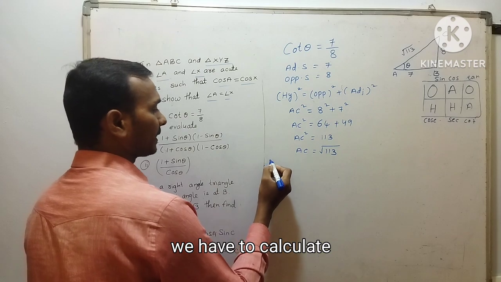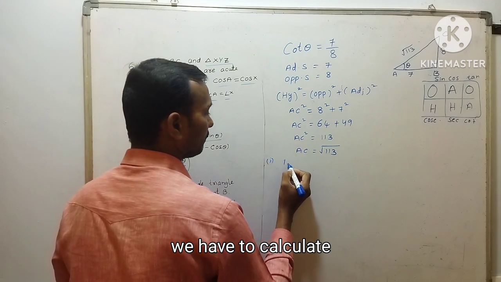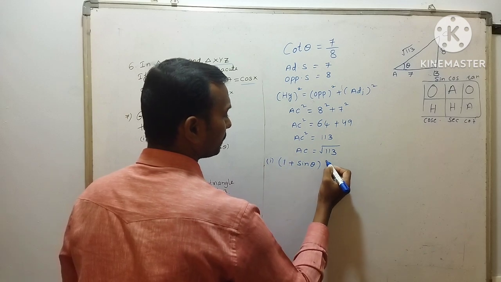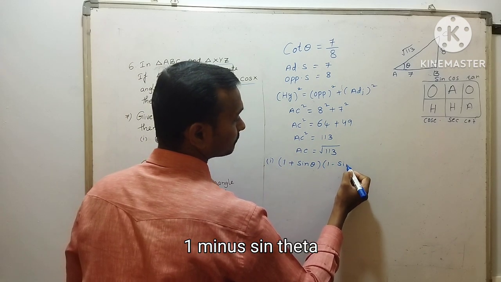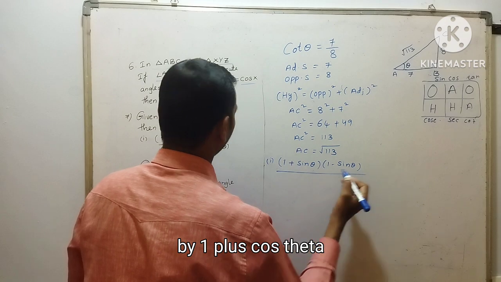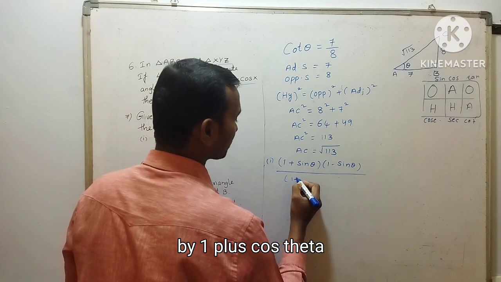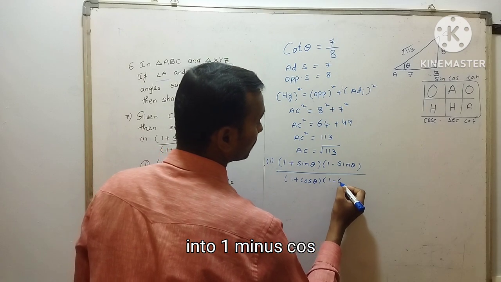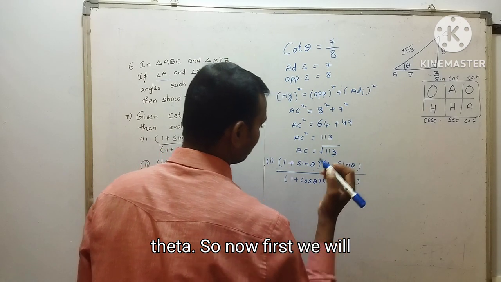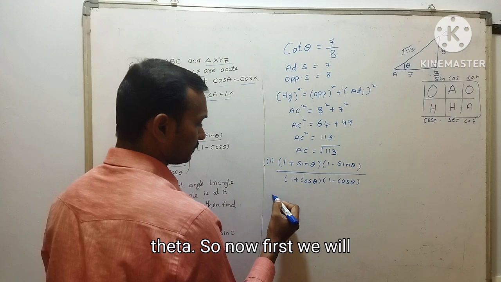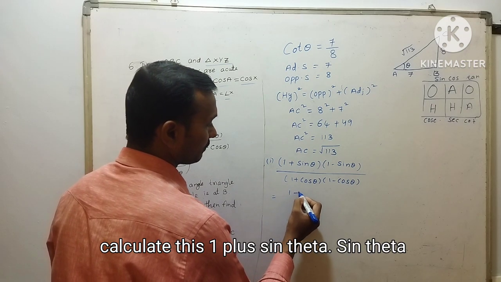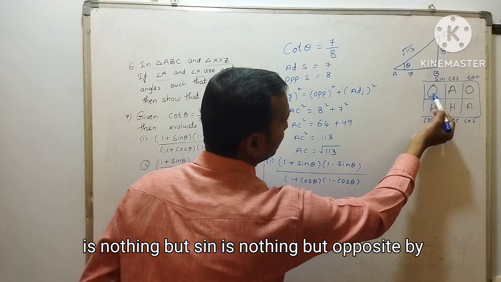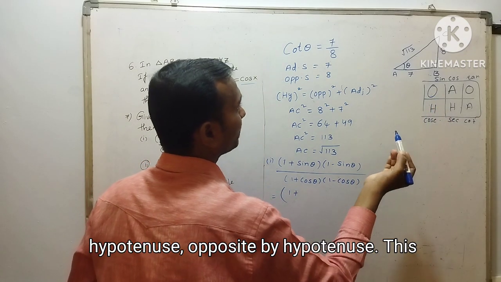Now the first value we have to calculate is (1 plus sin theta) into (1 minus sin theta) by (1 plus cos theta) into (1 minus cos theta). So first we will calculate this 1 plus sin theta. Sin is nothing but opposite by hypotenuse.